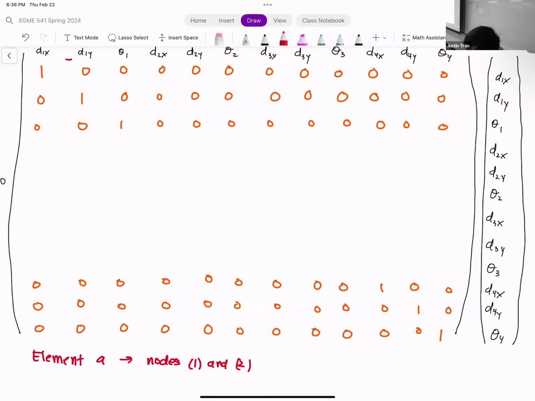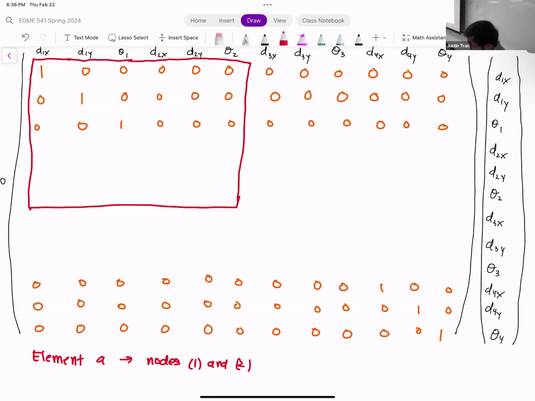Okay. So that's all 3 degrees of freedom for node 1, all 3 degrees of freedom for node 2. We're gonna have a box just like that.